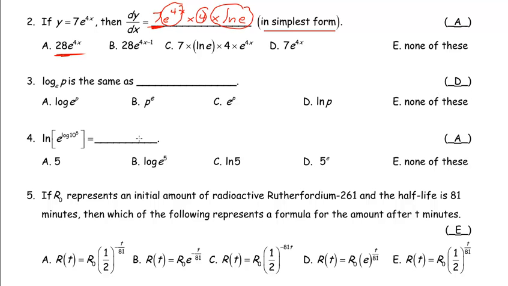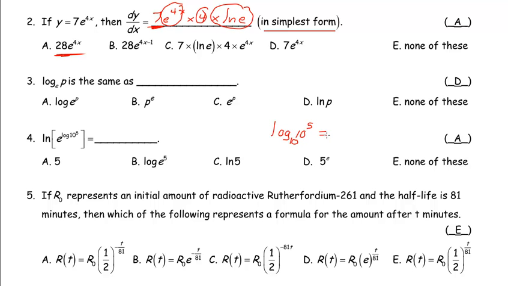For question number 4, you have to remember your rules for logarithms and ln. So let's take a look at the exponent here, the log of 10 to the 5th. Now notice that there's no base specified, so the base is actually 10, so there's actually a 10 right here.